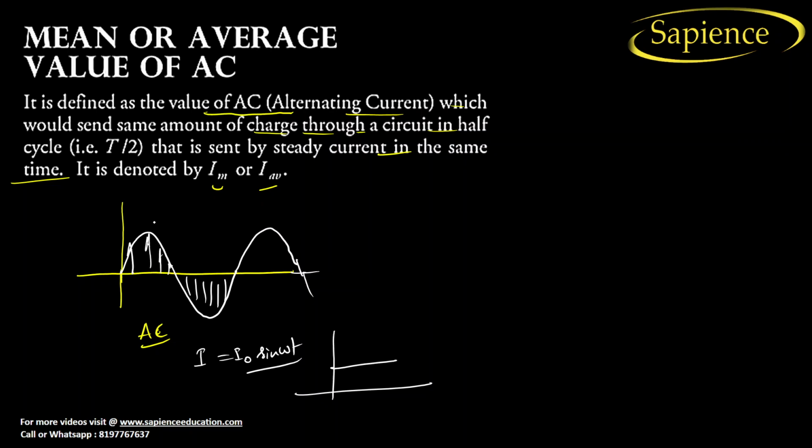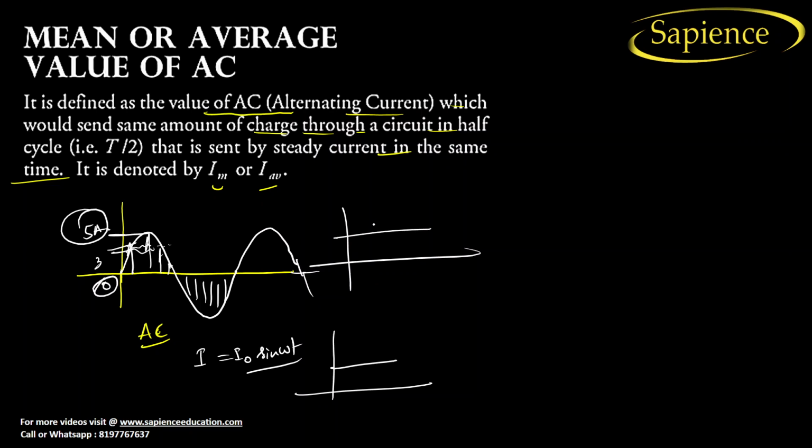If the maximum current is 5 ampere and the minimum current is 0 ampere, we cannot tell the amount of current at a particular time. At a particular time it may be 3 ampere, at another time it may be 4 ampere. Our main focus is to find the amount of current which sends the same amount of charge. For example, this is your 5 ampere and this is your 0 ampere.